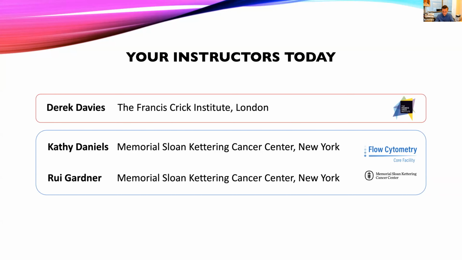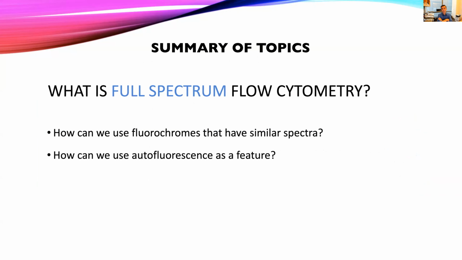And I have the pleasure of talking to you today, again, about full spectrum flow cytometry, where we will be covering a couple of important topics, essentially looking at the particular features of full spectrum flow cytometry compared to classical flow cytometry.